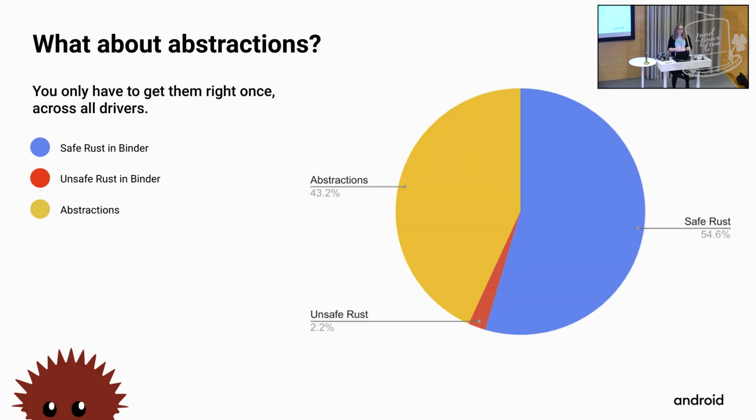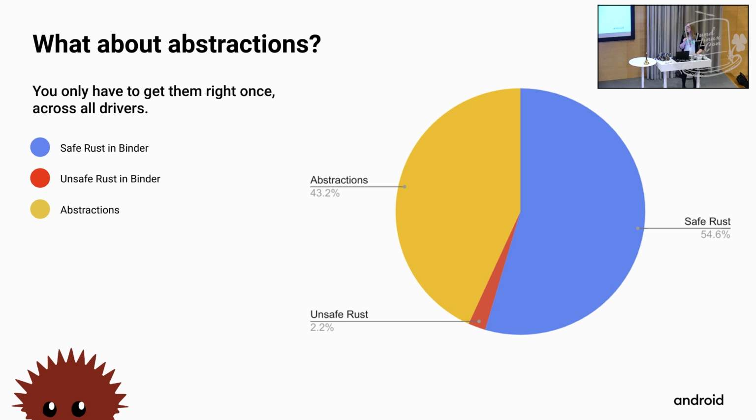Now, of course, there's also this thing called an abstraction or binding. So this is, for example, the work queue or the linked list, right? So this is, let's say, a Rust library that wraps some underlying C interface in most of the cases, right? And so if we take the work queue, there's unsafe code in the work queue.